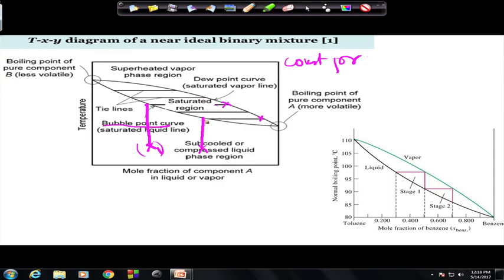The vapor starts condensing when it first strikes the dew point curve. The liquid starts vaporizing when it first touches the bubble point curve. Usually there is a good amount of difference, as you can see here, between the dew point curve and the bubble point curve. The difference is greater when the boiling points of the 2 pure components differ more.